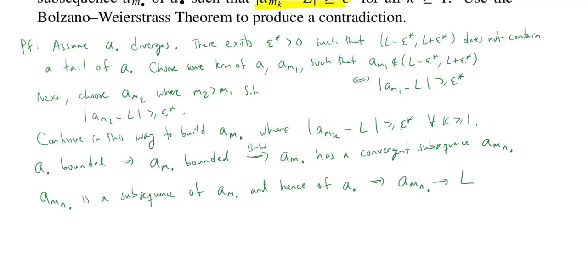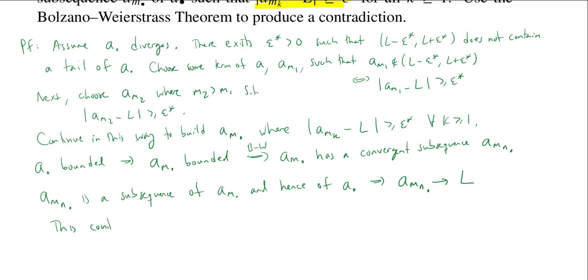Well, that means that none of the terms of A_M dot, and hence of A_MN dot, lie in the L coin of radius epsilon star. So it can't contain a tail. So this is a contradiction.